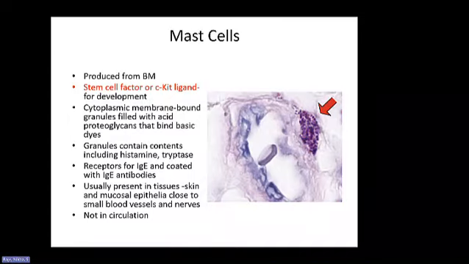Moving on to another cell, the mast cell, that's also produced from bone marrow under the effect of stem cell factor or c-KIT ligand, which is needed for the production and development of the mast cells. So anything in red that you see is an important memorization point, name, or substance.